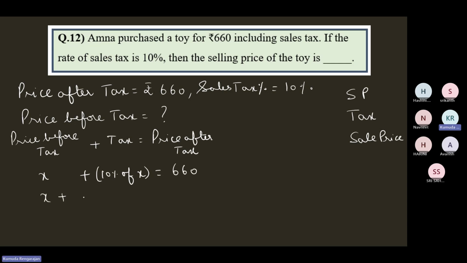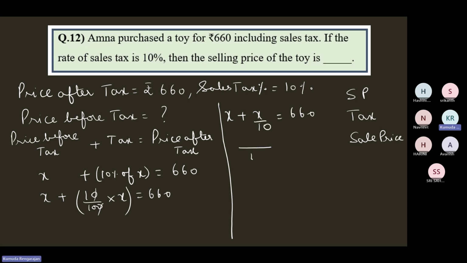So X plus 10 by 100 into X is equal to 660. So X plus X by 10 is equal to 660. Common denominator 10: 10X plus X is equal to 660. 11X by 10 is equal to 660.